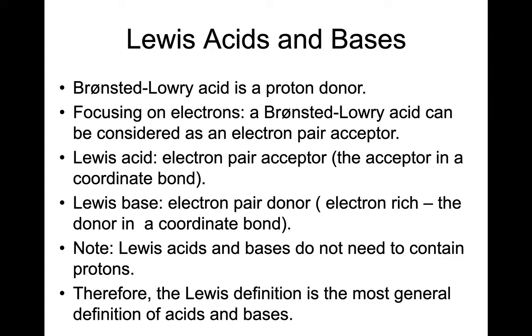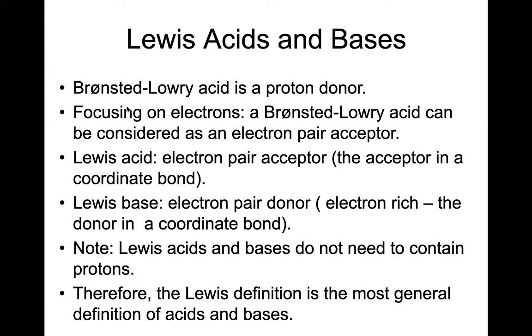We talked about the Bronsted-Lowry definition, which said that an acid was a proton donor and a base was a proton acceptor. So this was more useful, or I guess more general to us than the Arrhenius one, because it focused on the electrons in the compound itself, rather than the substances that are created in water as a result.